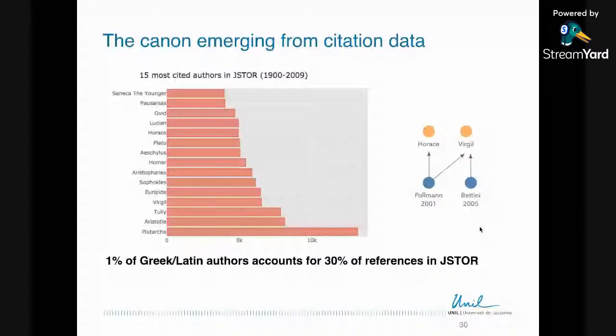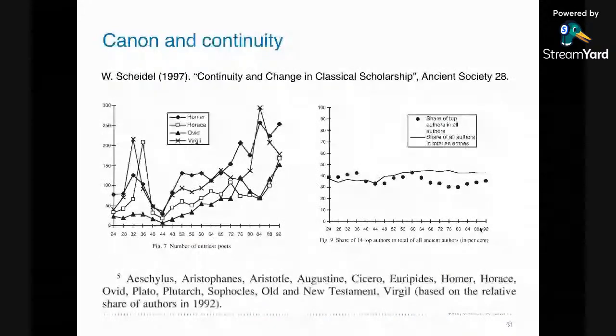And the interesting thing is that the list of authors in this canon that was extracted from the data essentially matches the results of another paper, right now a bit dated, by Stroh, Continuity and Change in Classical Scholarship, where he used a very different method. The method was manual and not using JSTOR, but using the Philologus.